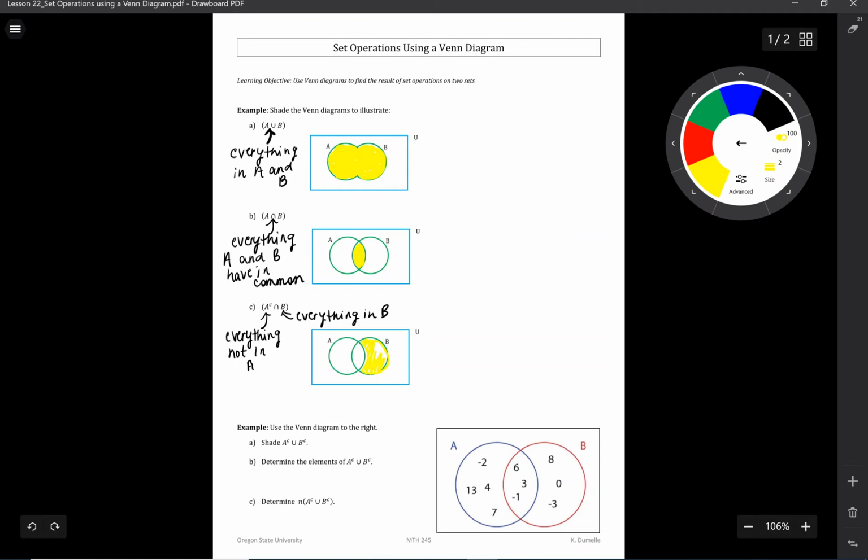Everything that's not in A that is also in B. Right there.